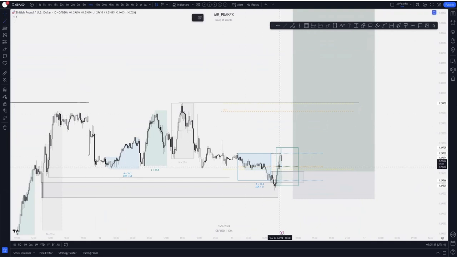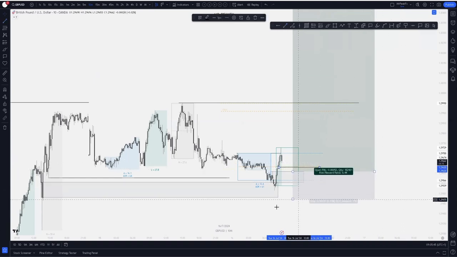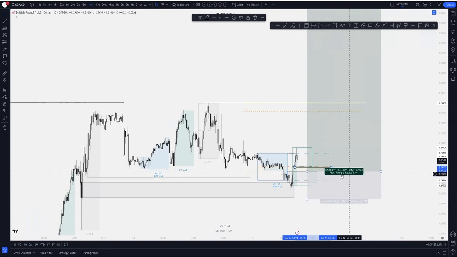I believe that once price trades below this liquidity point here, I can start taking my buys. And of course, my stop loss is just below the body of this candle, this order block right here, just 13 pips stop loss, and we'll see how price goes.